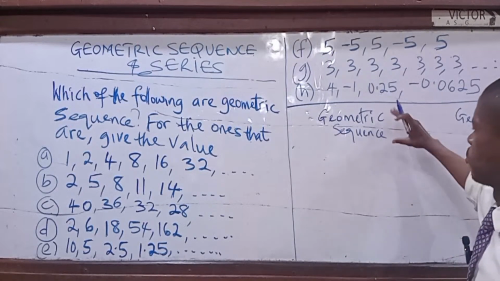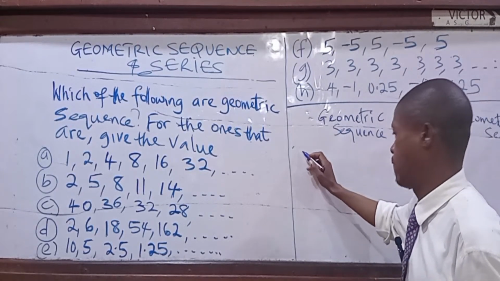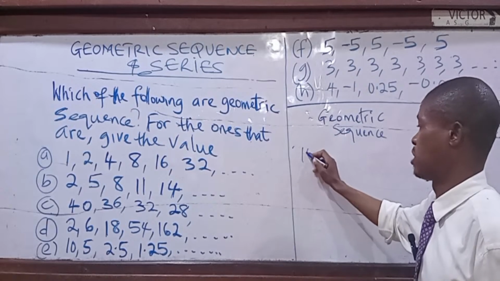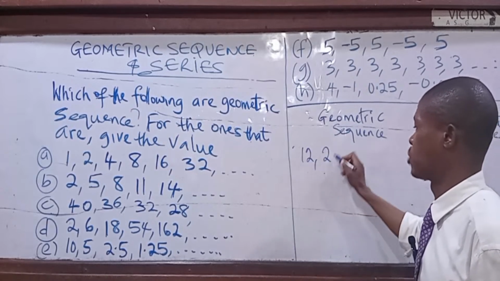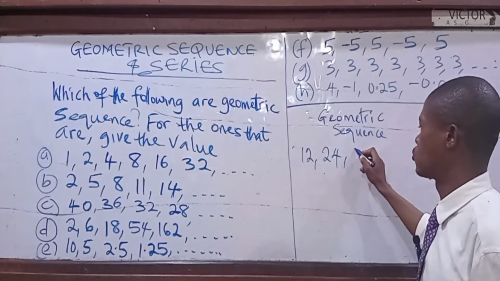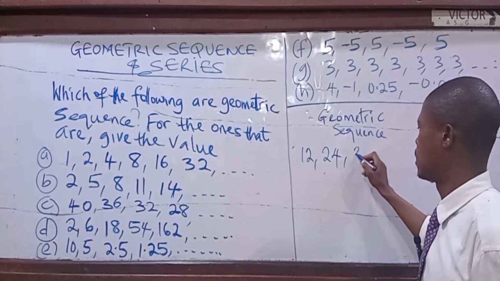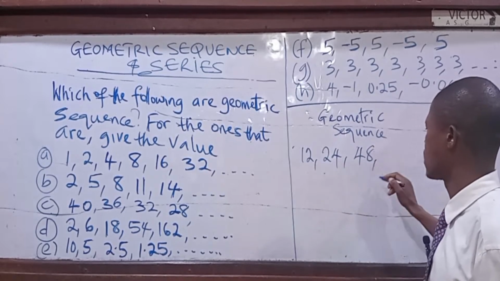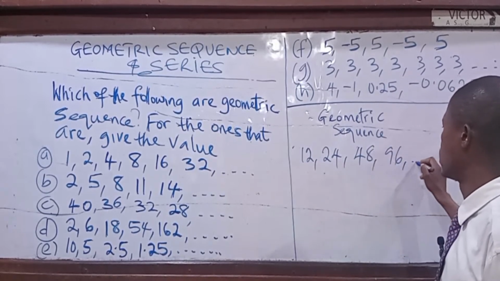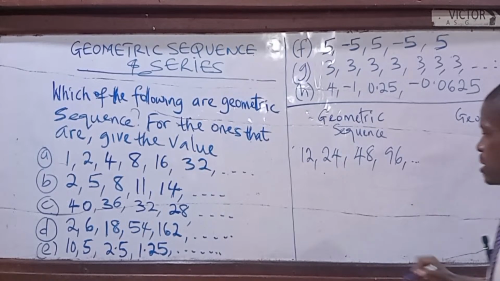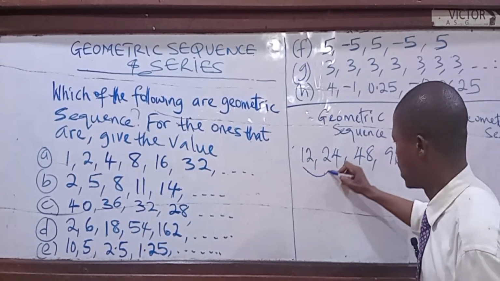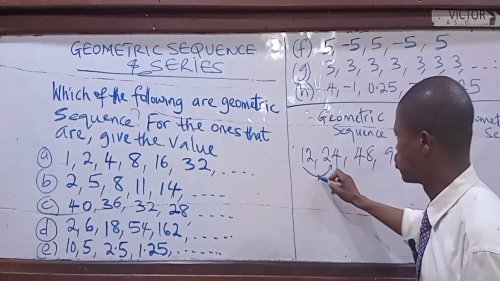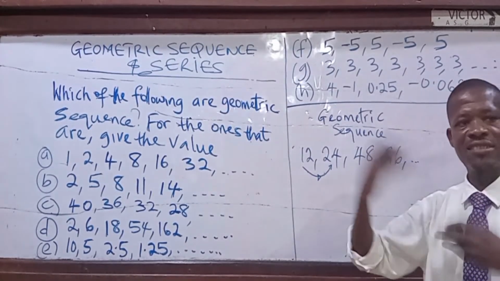In a geometric sequence, for example, let's say we have 12, 24, 48, 96, and so on. You can see the number is doubling itself.